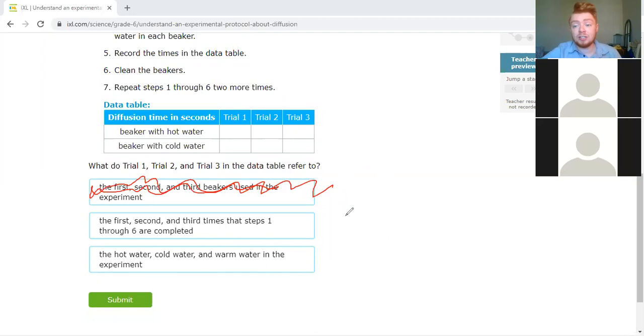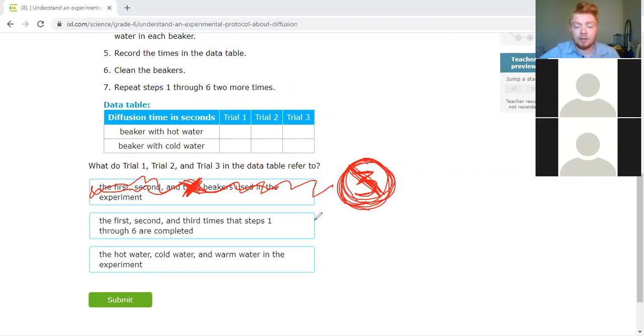But based on what we just learned about there not being 3 beakers, if we read carefully, we should know which one of these is wrong. So read them carefully and remember, there is not 3.